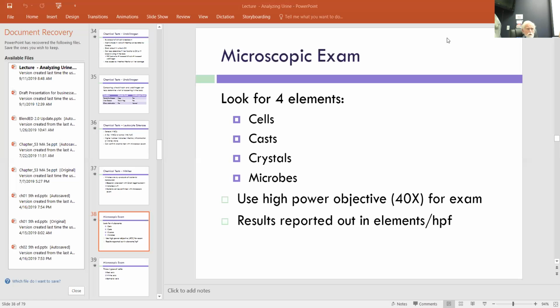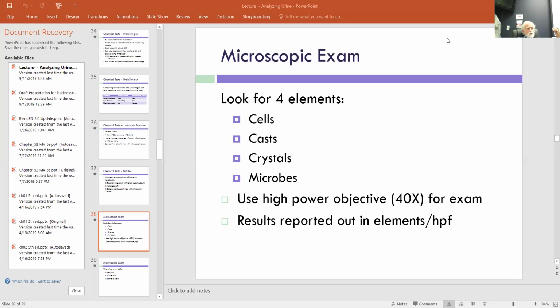Cloudy urine could easily be a symptom of a UTI as well. A bad odor could be a symptom of a UTI. A sweet odor could be a symptom of potentially diabetes. Again, regular urine is sort of straw colored and doesn't have much of an odor and is clear.